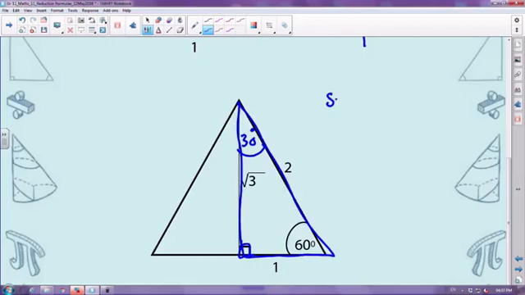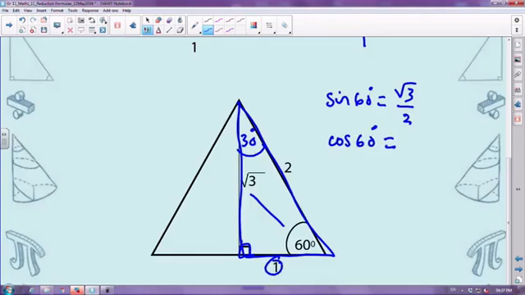Now if you want to work out what sine 60 is, you know that sine is opposite over hypotenuse. So opposite in this case is root 3, hypotenuse is 2. And then if you're working out cos of 60, that is adjacent over hypotenuse, which is a half, and then tan of 60 is opposite over adjacent, so that's the square root of 3 over 1. Okay, all right.